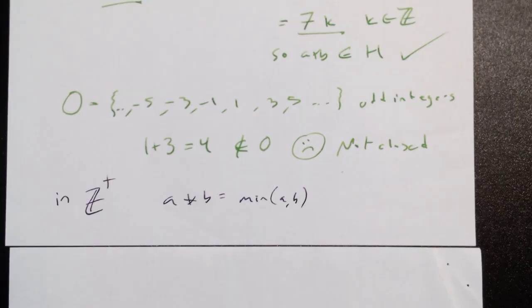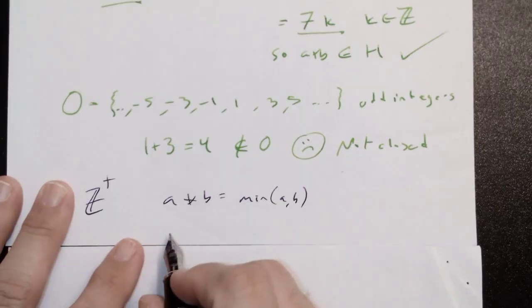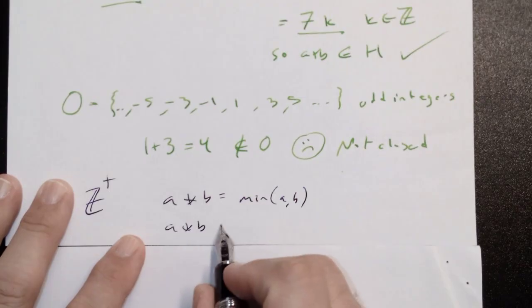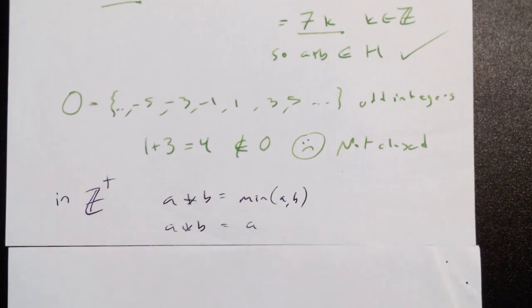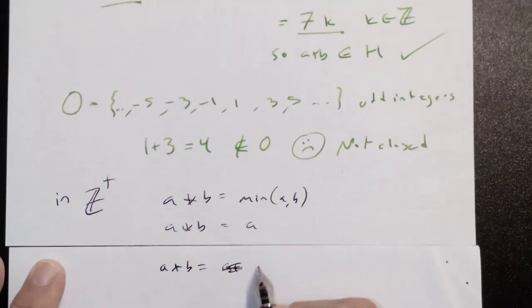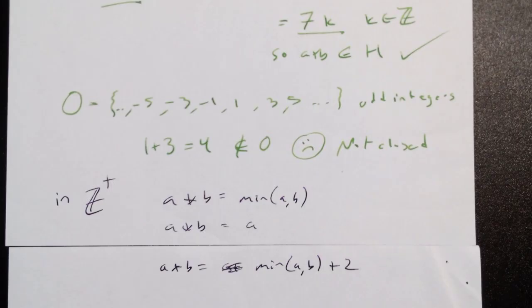It's a sorting algorithm. I could say, pick the first one. Whichever one's on the left, that's the one I want. I could say, pick the smaller one and then add 2. Okay.